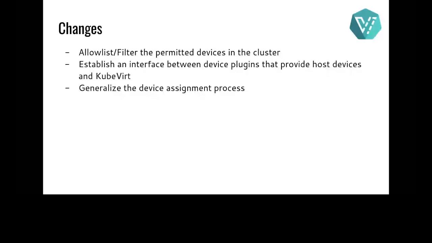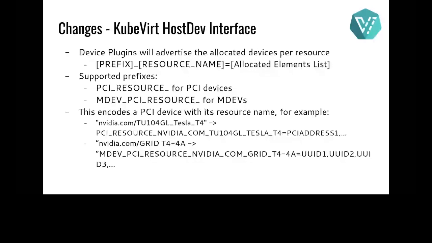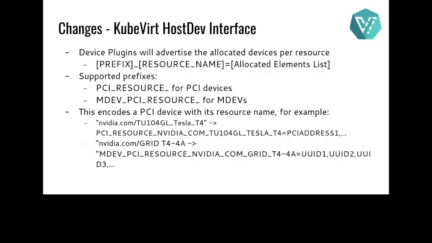We spoke previously about the interface between KubeVirt and host devices. The requirement from host device plugins now is to create an environment variable starting with a prefix indicating the type of resource: PCI resource for PCI devices and MDEV PCI resource for mediated devices. This has to be followed by the resource name incorporated in the variable name.